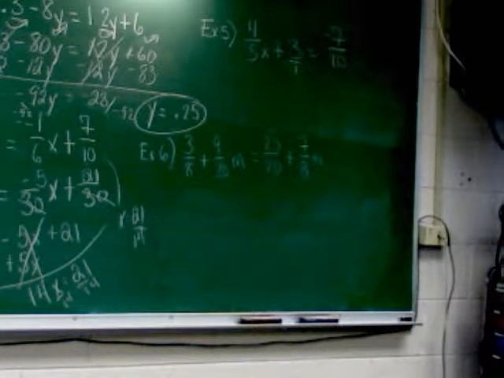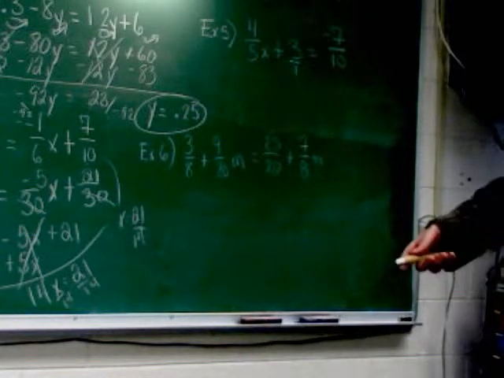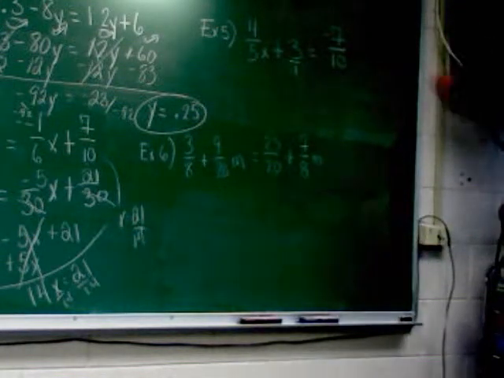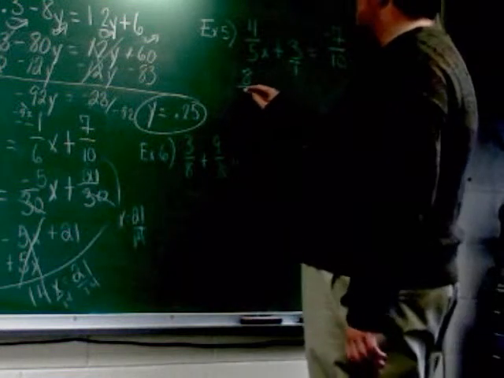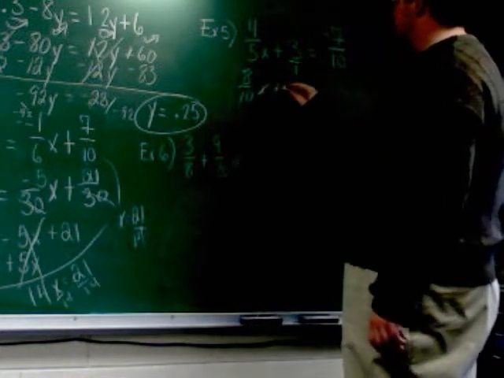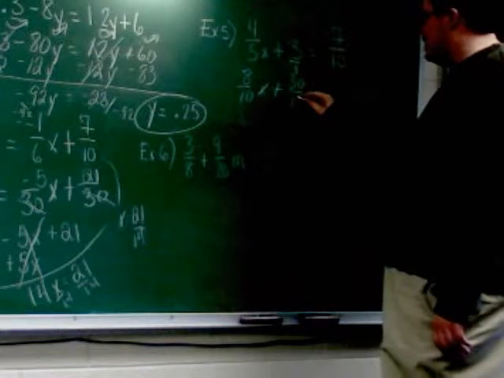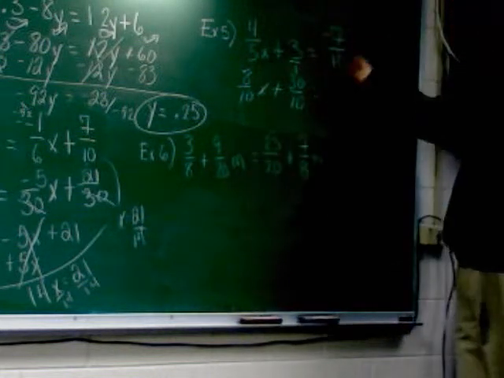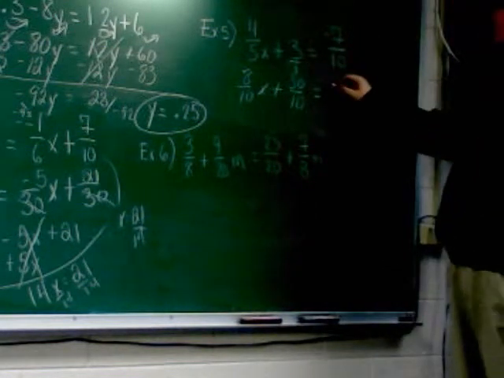Now we got it. Look at my denominators, 5 and 10. Yeah, 1's a denominator, but I can change 1 into anything, so who gives a hoot? Okay, 5 and 10, common denominator is 10. So this is 8/10 x plus 30/10, multiplying by 3, equals, that's already over 10. That was nice, we don't have to do anything.